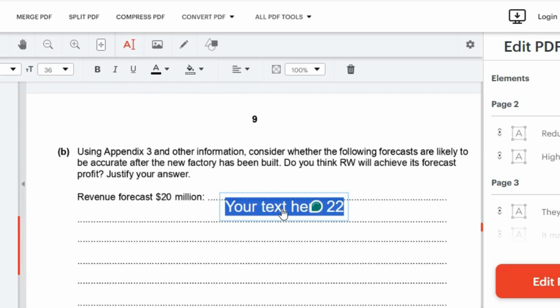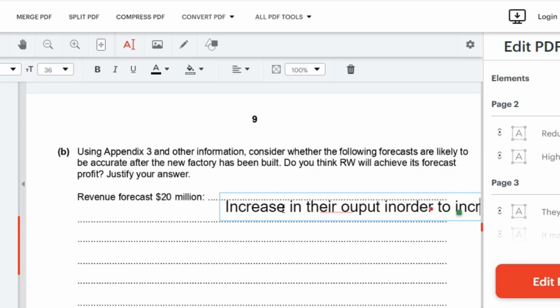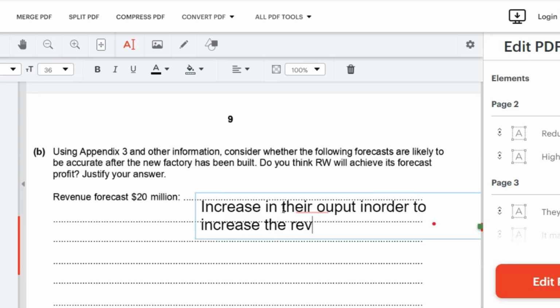They can actually increase their output so that the revenue forecast can be met.